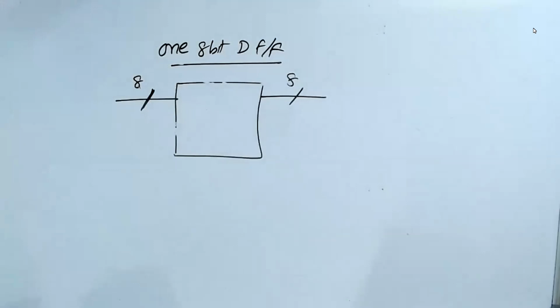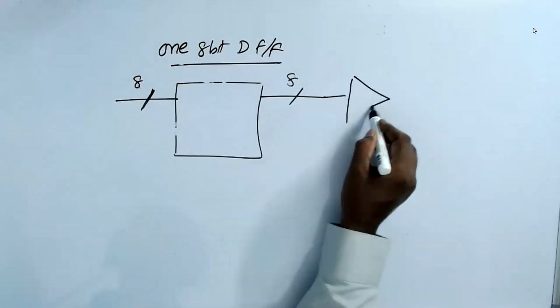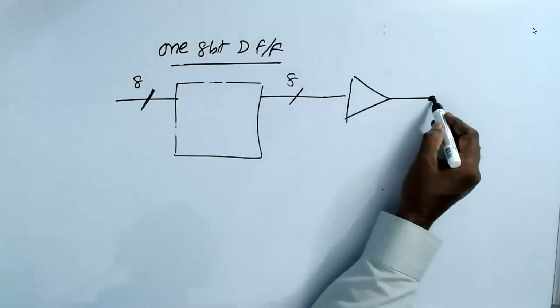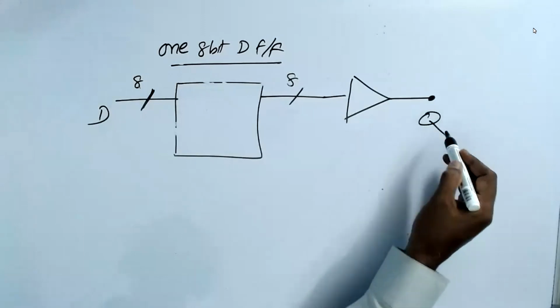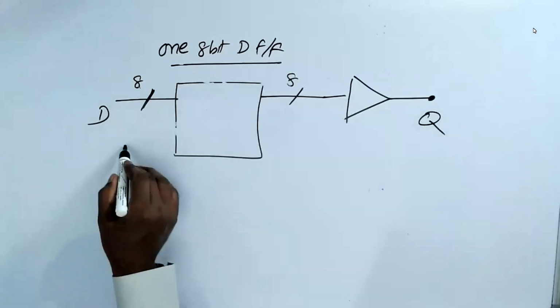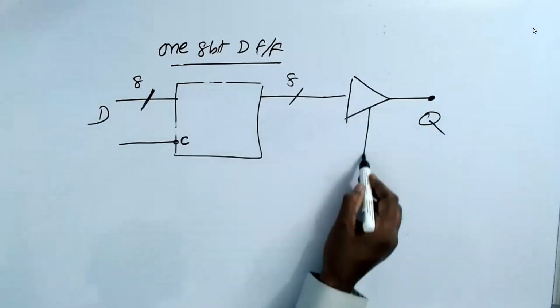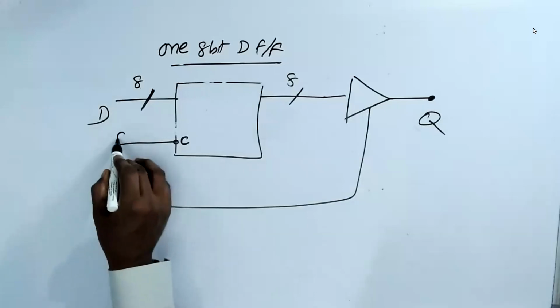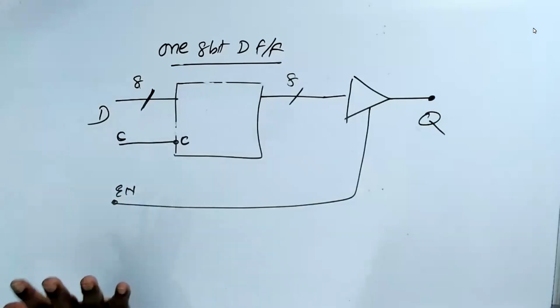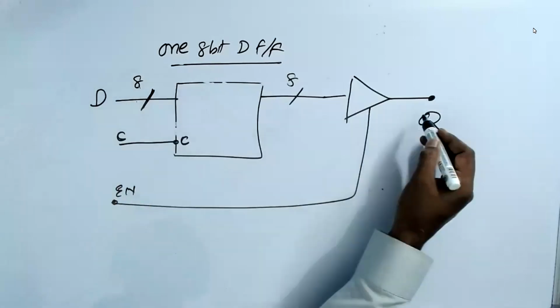What I have done here is I have added a tri-state output. This is D, this is Q. And here is a signal called C, and here is a signal called enable. There is data here; I can give 8 inputs and I get a Q output here.